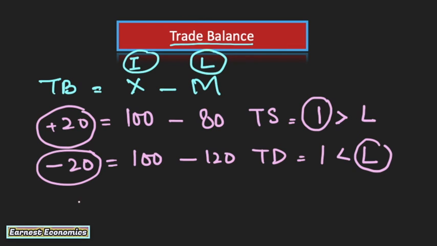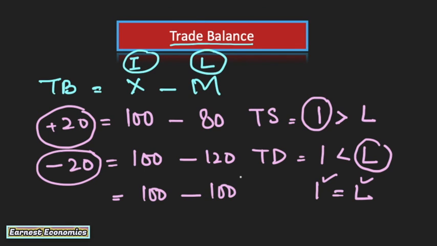Now, if there is neither surplus nor deficit, for example, we have 100 of exports and 100 of imports, then obviously no surplus. At that time, we will have a neutral position, with neither increase nor decrease in the circular flow of income.